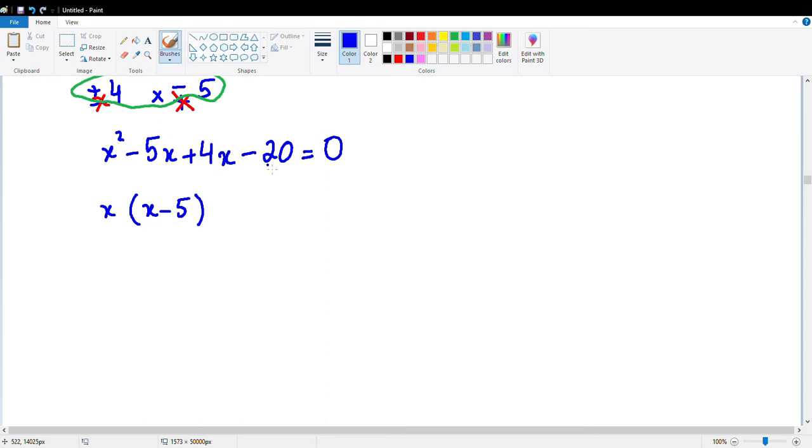And from the last two terms, we take plus 4 common, so we get x minus 5 as well, equals 0. Now, x minus 5 is common, so we're just going to write x minus 5, and then x plus 4, because that's what we have left on the outside.